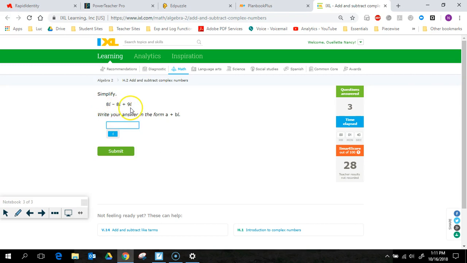That's 0. So then we're left with 9i. Same thing here. We have three terms. They all have the i with them, so we just combine them. 5 minus 6 is negative 1, minus 8 is negative 9, so negative 9i would be our answer here.